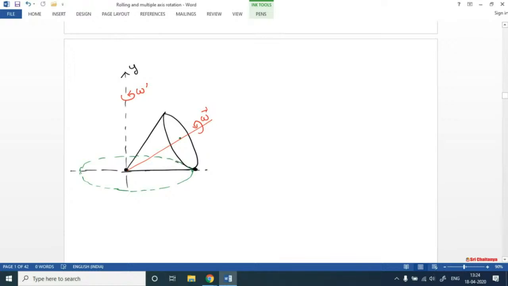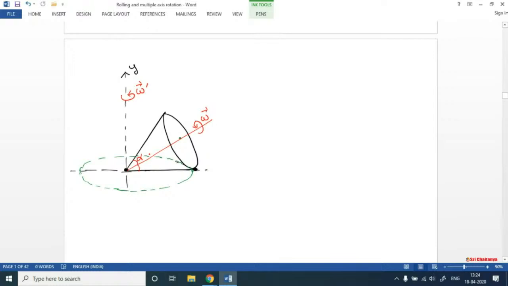So this is again multiple axis rotation, and previously the angle between omega and omega dash was 90 degrees, but this time the angle between them is not 90 degrees. So now let's say this question is given to us: the apex half angle is equal to alpha.